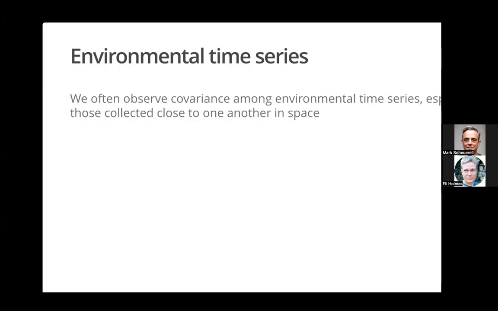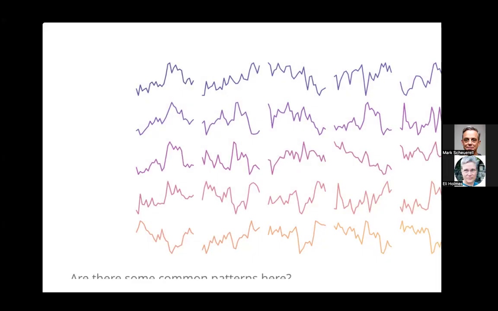So when dealing with environmental data that are driven by some other forcing, it's super common that you will see some covariance among them. Oftentimes it's positive, things are generally going up or down together, but sometimes they're out of phase, going in different directions. I already asked this, and I think everyone can convince themselves that some of these are generally going up, some are generally going down, some have some sort of peak or valley in them.